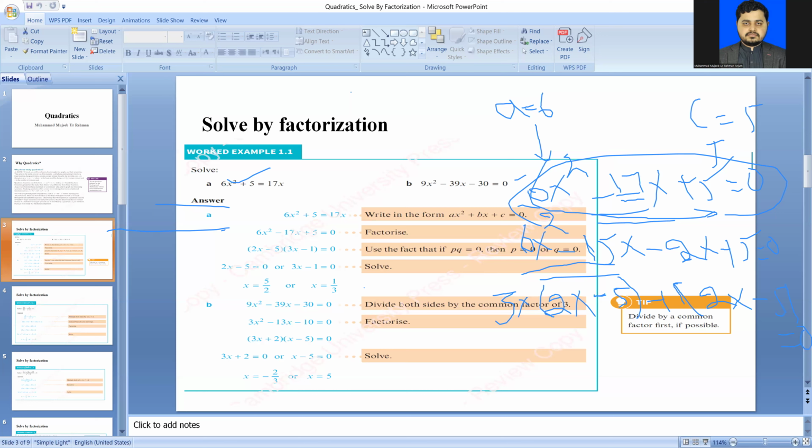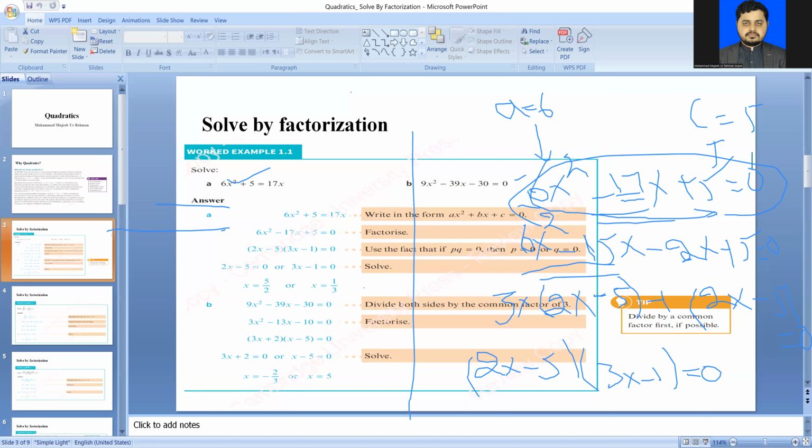So what we have here is 2x minus 5 and 3x minus 1 equals 0.